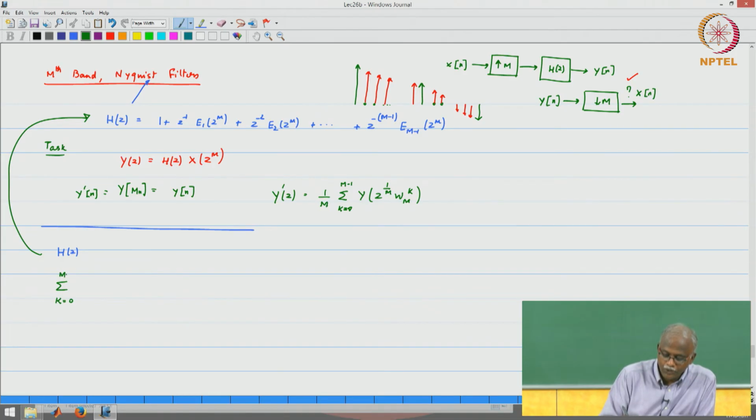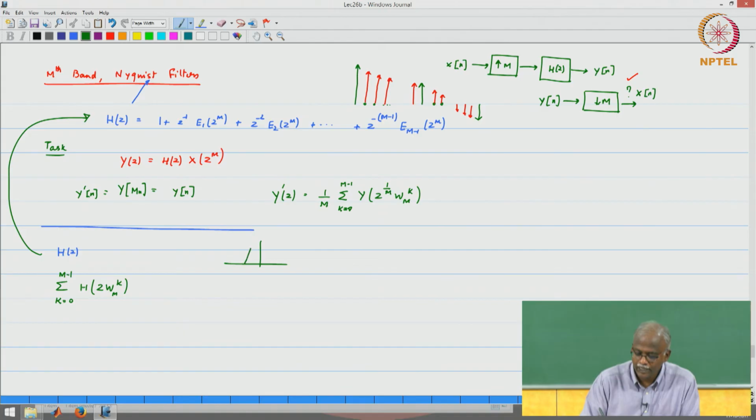K equal to 0 to m minus 1 h of z w m k. Okay, what is h of z w m k? If h naught of z was a low pass filter, this will be shifted by 2 pi over m. 2 pi over m, this is h of zw, if this was h of z.